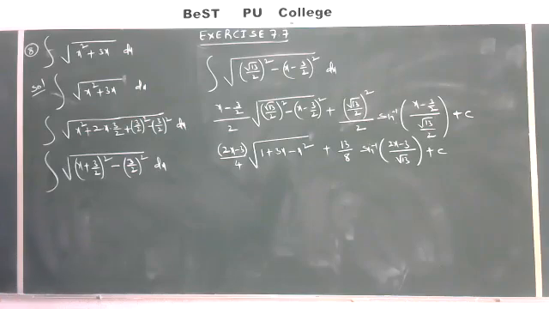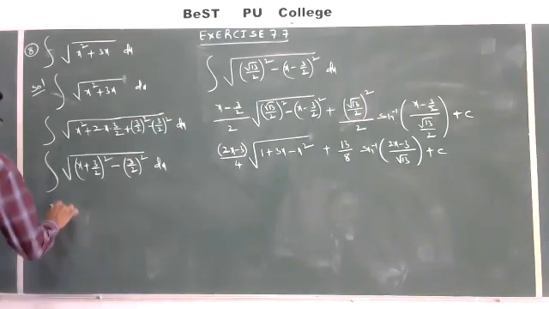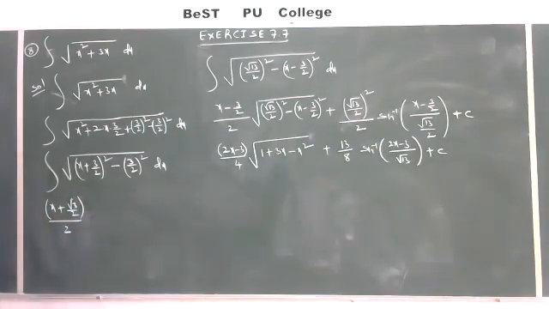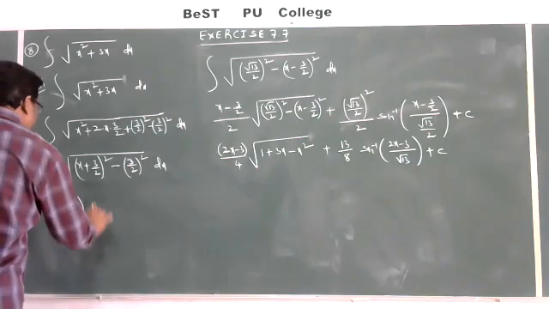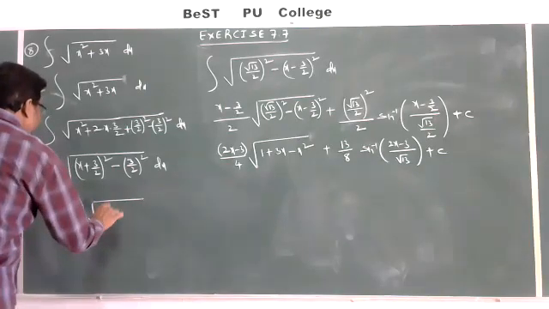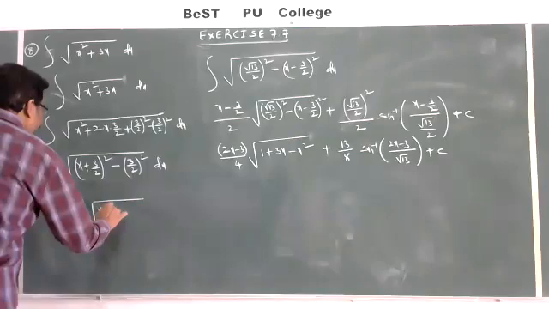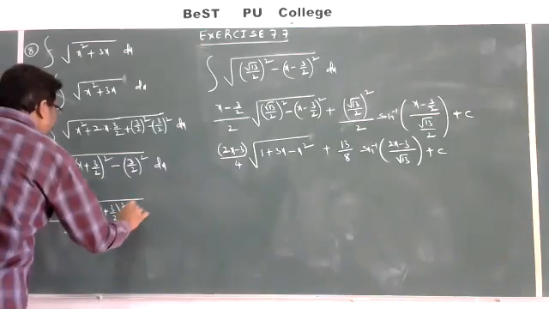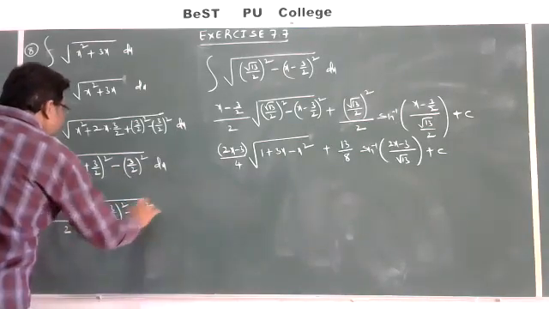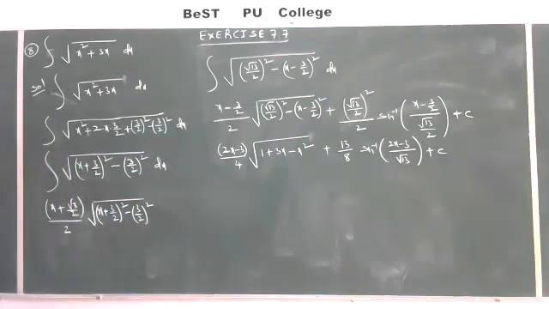By using the formula integral root of x square minus a square, x by 2, that is x plus 3 by 2 into root of x square minus a square, root of x plus 3 by 2 whole square minus 3 by 2 whole square.